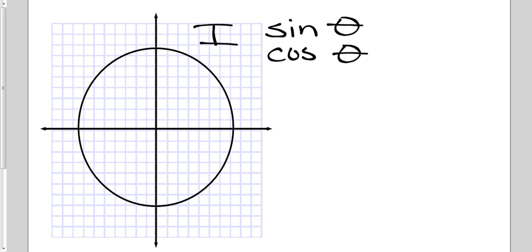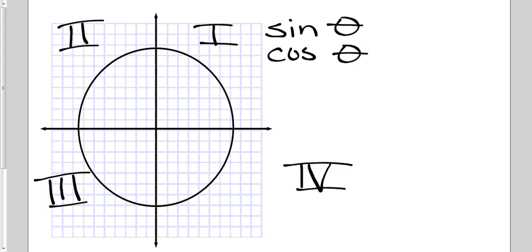So if I've got my unit circle here, this is quadrant 1, this is quadrant 2, quadrant 3, and quadrant 4. Now in quadrant 1, all my sines and cosines are positive, right? So sine theta is greater than 0, cosine theta greater than 0. What about in quadrant 2?